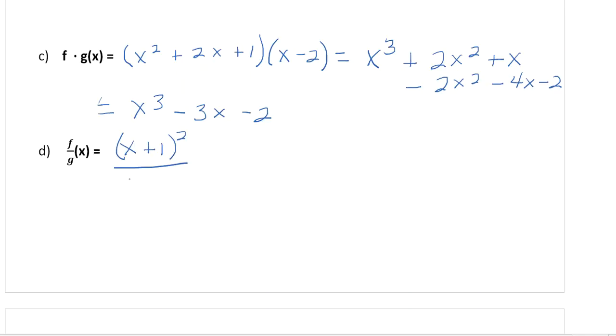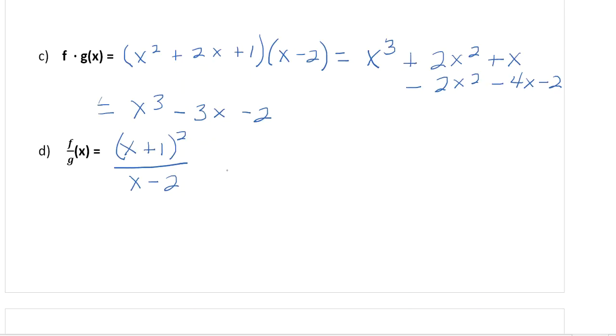Now if you don't have the factored form of your numerator, then you have to factor it, because we want to look to see if it's possible for us to cancel or divide away this entire denominator. So since we have an x minus 2 in the bottom, if we factored it and we had an entire x minus 2 in the numerator, we would cancel them. But as it stands, there is no canceling here, so this is simplified.